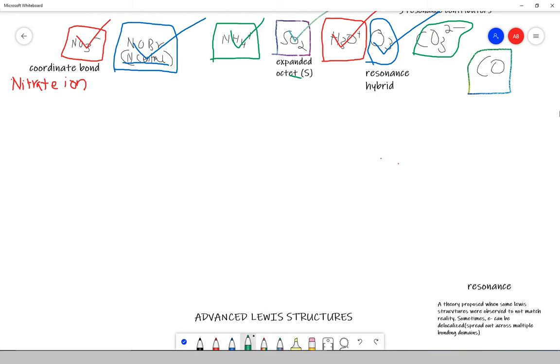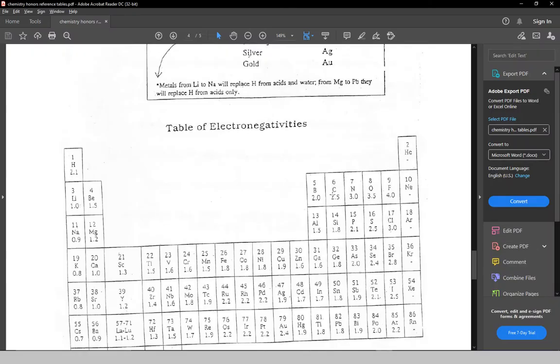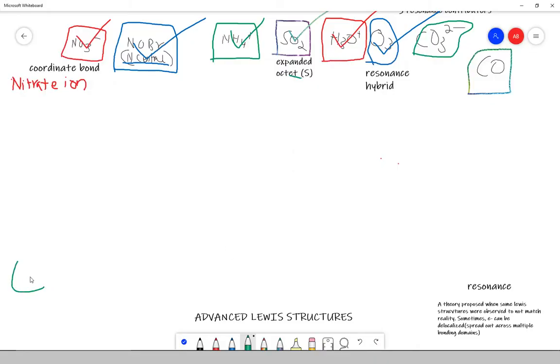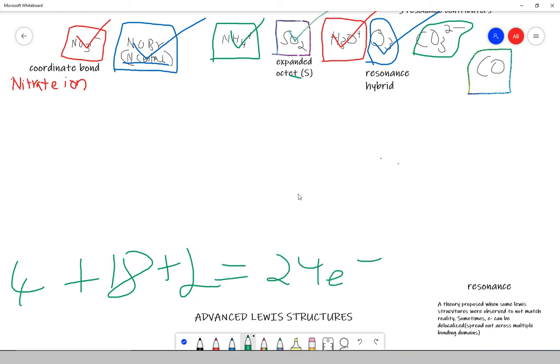Now let's move on to the CO3 ion right here. C has 4, so it'll be 4 plus 18 plus 2, which is 24. Let's see, we need 24.